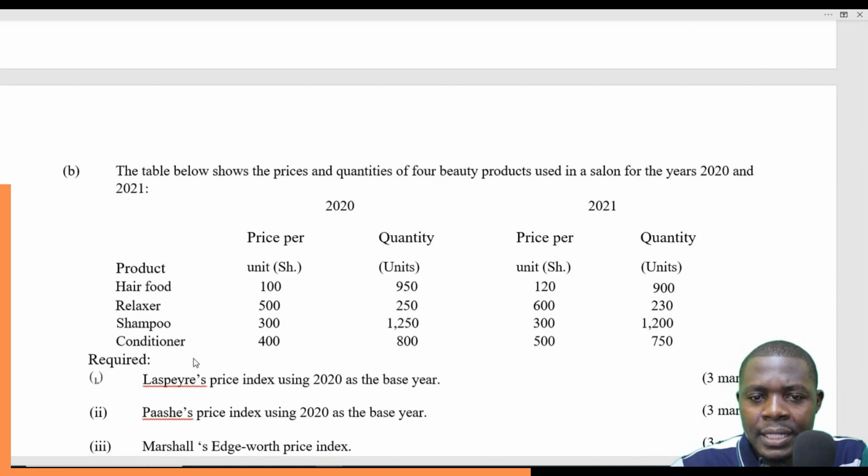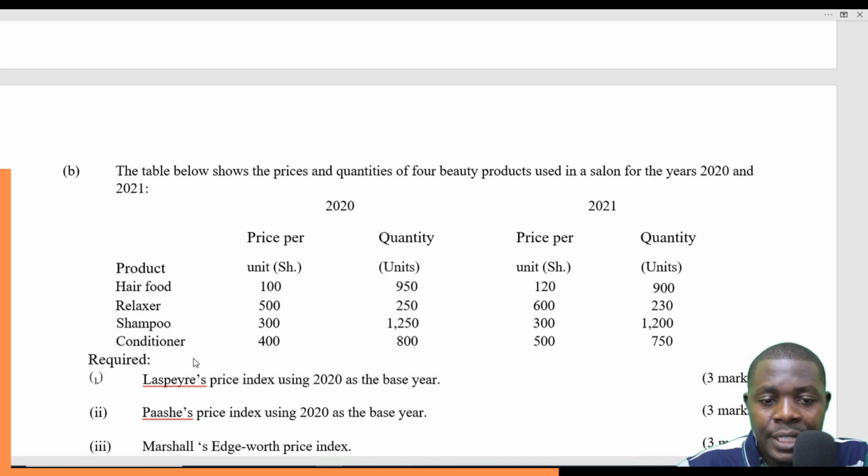We are told that the table below shows the price and quantity of 4 beauty products used in a salon for the year 2020. We have product prices for 2020 and 2021. In this case, we are taking 2020 as our base year.